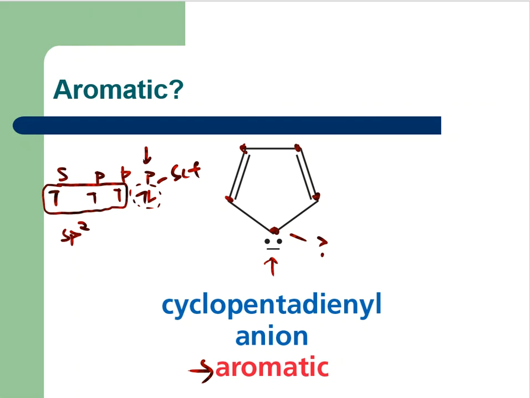All of my members of the ring have electrons in a pi orbital or a p orbital. 4 of those carbons are pretty easy to pick because there are the full-blown double bonds that are there.